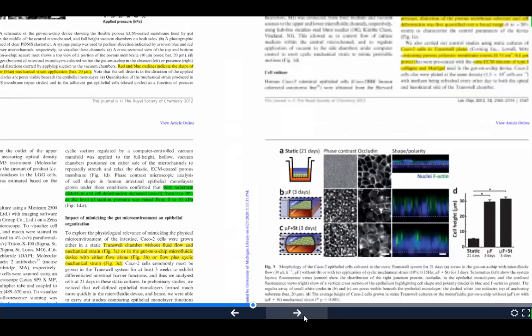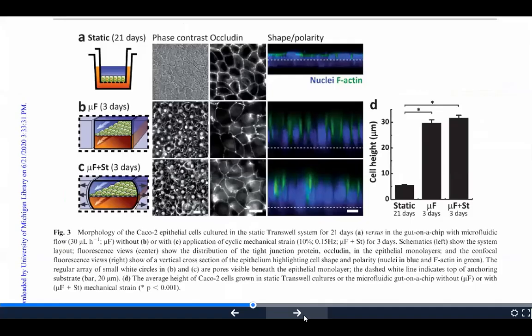So they have used Caco-2 epithelial cells as the cell they cultured in the devices. The culture media was perfused through both microfluidic channels, upper and lower, at a flow rate that was quite similar to the flow rate in the body, in the intestine, as well as the shear stress.